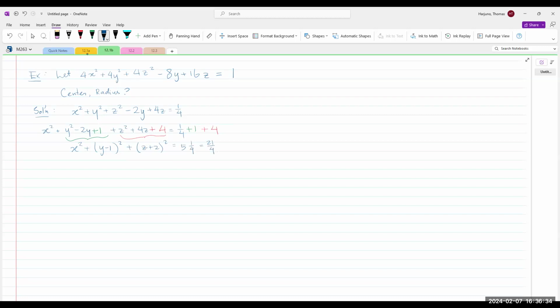So from there we see this is a circle, I'm sorry, a sphere with center at (0, 1, -2), coming from x minus 0, y minus 1, and z minus -2, and the radius is the square root of 21 over 2.